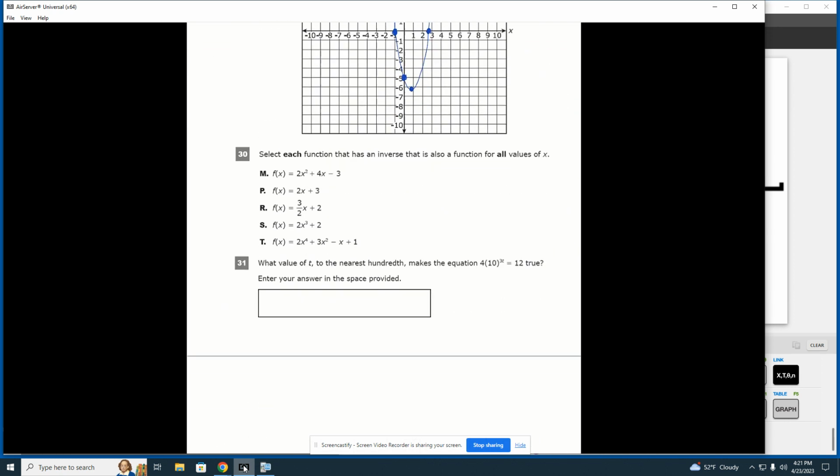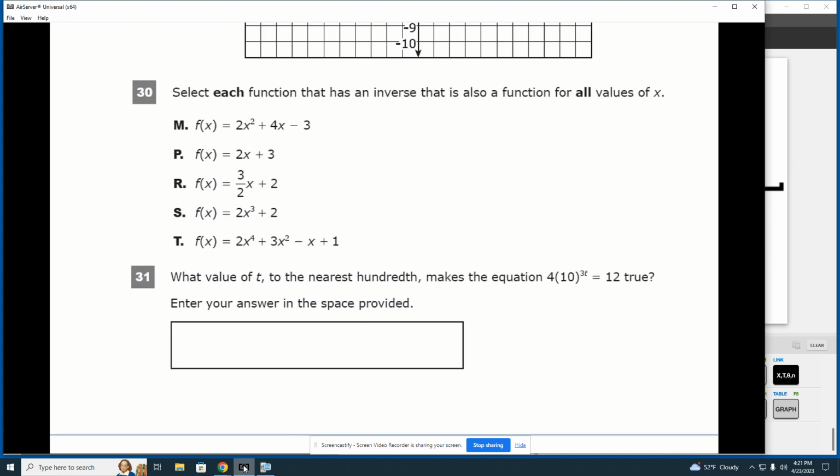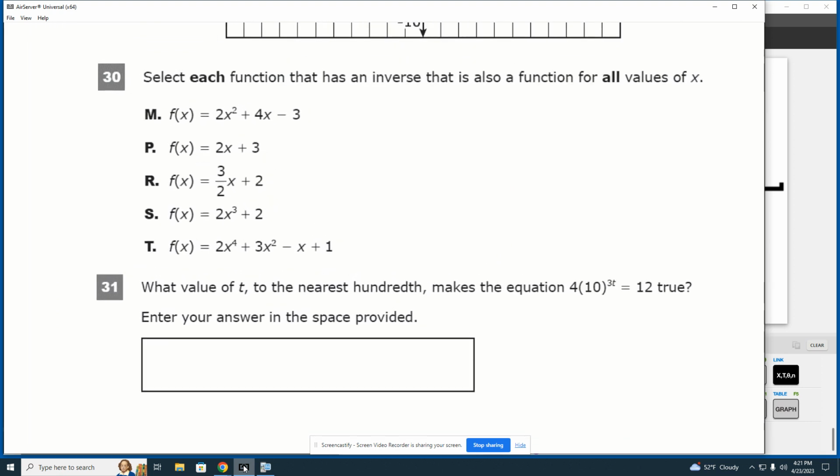Now, number 30 says, select each function that has an inverse that is also a function of all values of x. Okay, so this is an easy one if you understand what you're talking about. You see, for something to be a function, it has to pass the vertical line test.